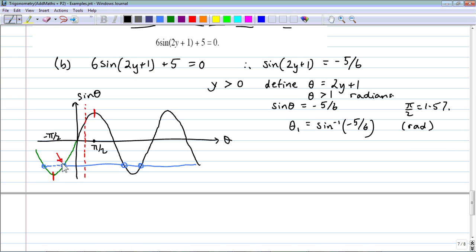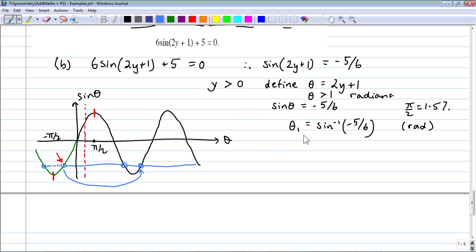So to get the answers that you want, the first thing you need to do to find this one, a bit of a riot of colour here, is to get the one over here from here by adding 2 pi.